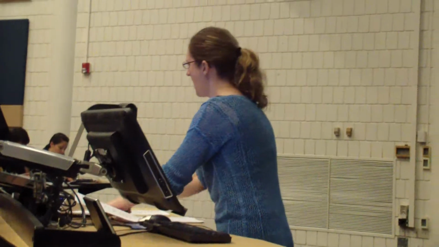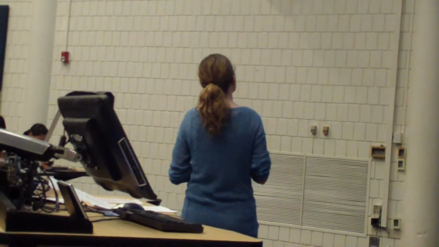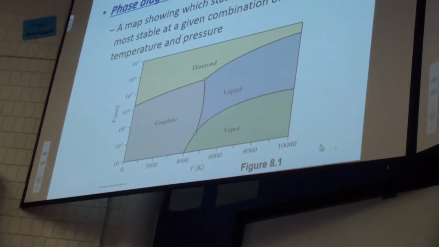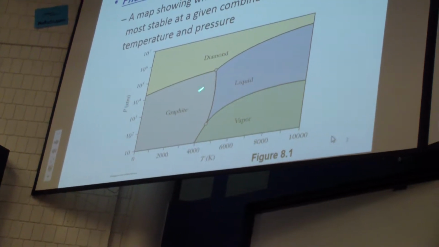So it makes sense that if we change our temperature and pressure, we're going to change the behavior of our substance, and in particular, the phase. What we see up here happens to be for carbon, and you may not have realized that carbon has quite as many phases as it does. You're probably accustomed to thinking about graphite and diamond, right?